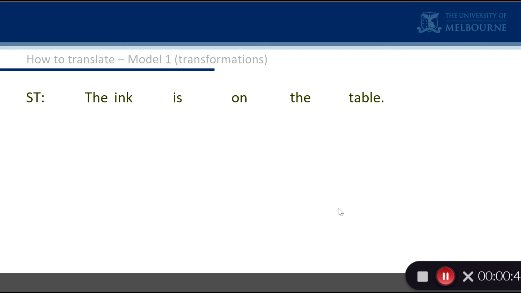ST, start text or source text: The ink is on the table, which conveniently, if you're working into French, is word for word. Article, noun, verb, preposition, article, noun. Okay, l'encre sur la table, the ink is on the table, no problem.